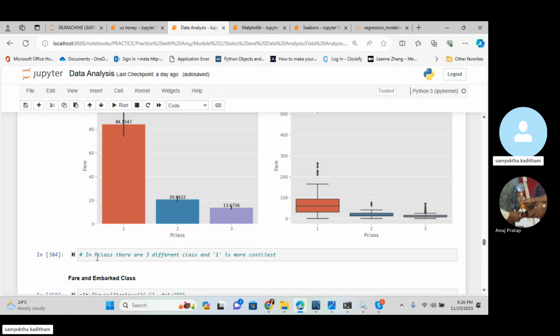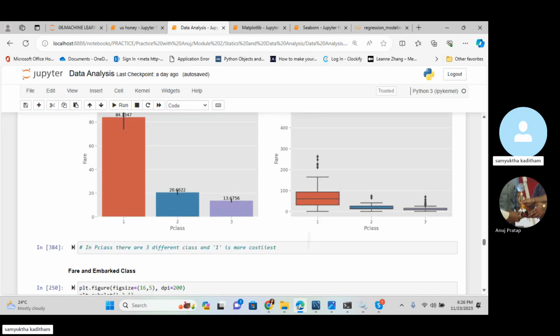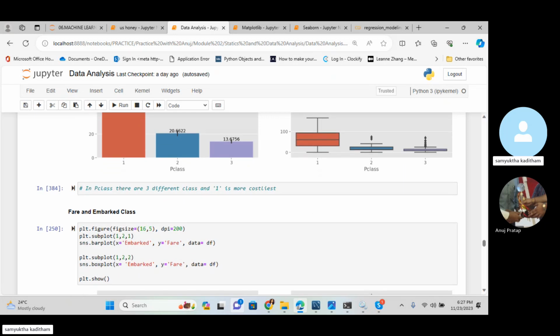With this information, we concluded that in Pclass there are three different classes, and class one is the costliest. Compared to the remaining classes, the price of first class is more.